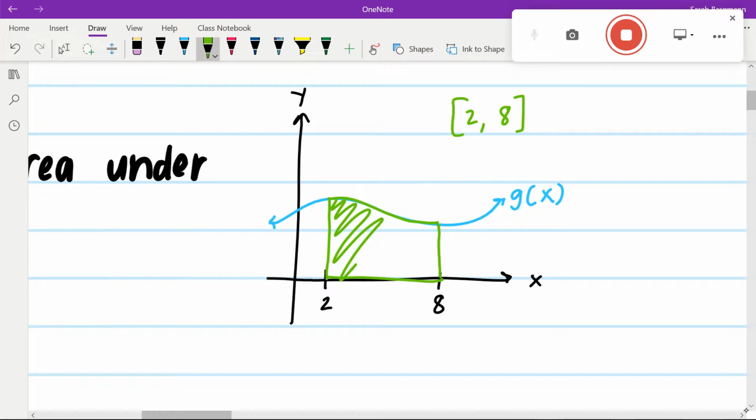This is a shape that we do not know an area formula for. However, we are going to learn today how to break this up into rectangles, such as something like this. And then we will find the area of each rectangle, add them up for an approximate area of the curve.